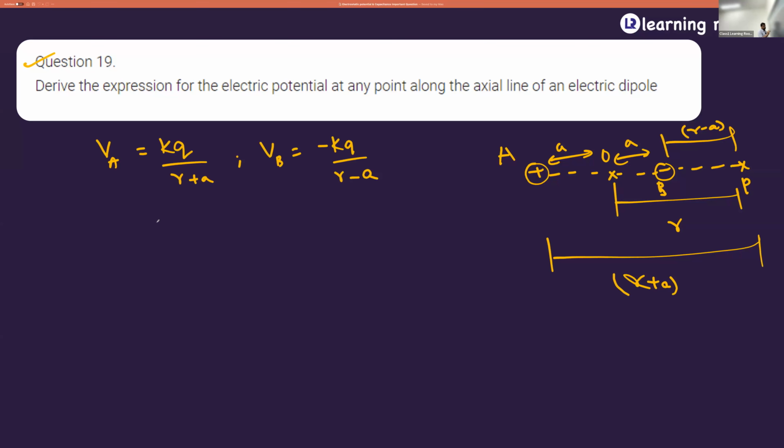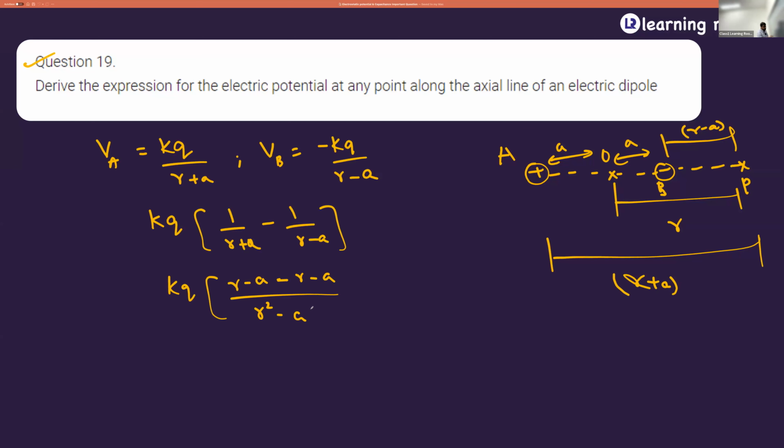So add both, you will have KQ common, 1 by R plus A minus 1 divided by R minus A. So what are you going to get? KQ into R minus A minus R minus A, the whole divided by R square minus A square. R and R will get cancelled. So minus 2A into KQ. Sorry, minus 2A into Q is minus P. So it will be minus Kp divided by R square minus A square, approximated to R square.